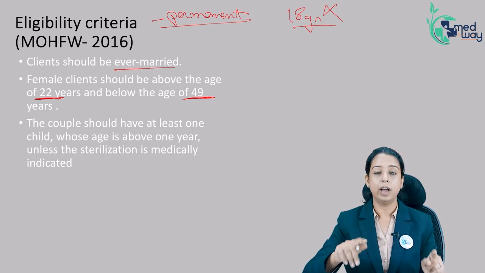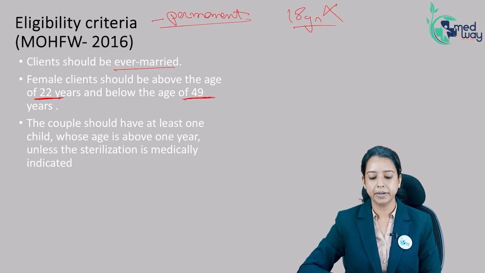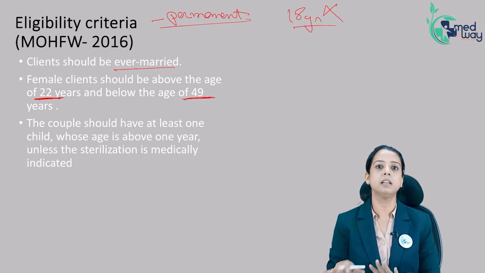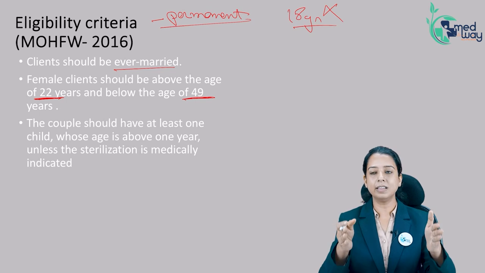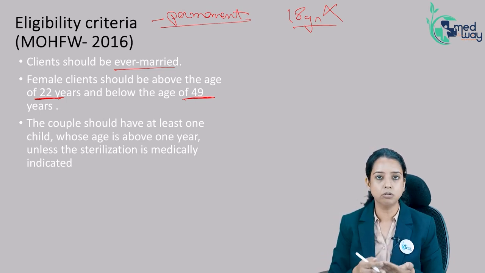The couple should have one child. Many times a couple can come and say, we don't want a child, please sterilize either myself or my wife. No. There are many other methods. Give them an IUCD, because many times couples are not thinking straight when they come to you. So your idea is not to demotivate them.